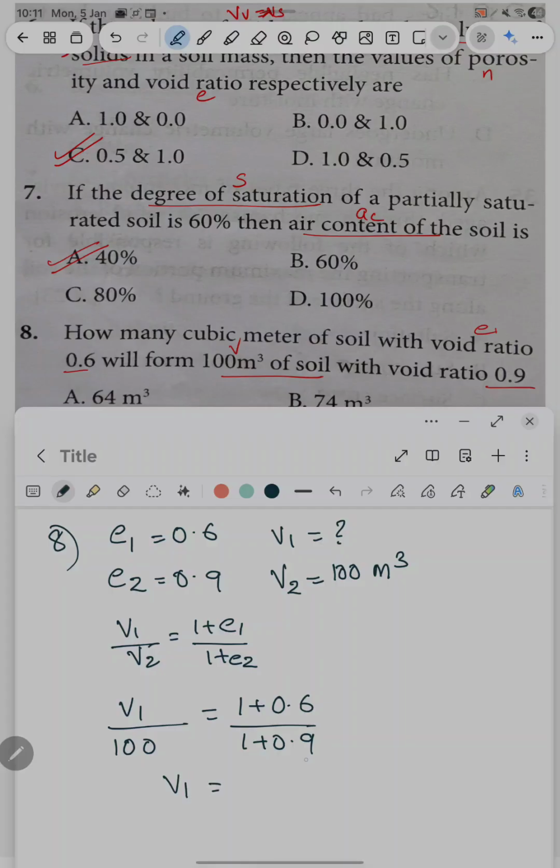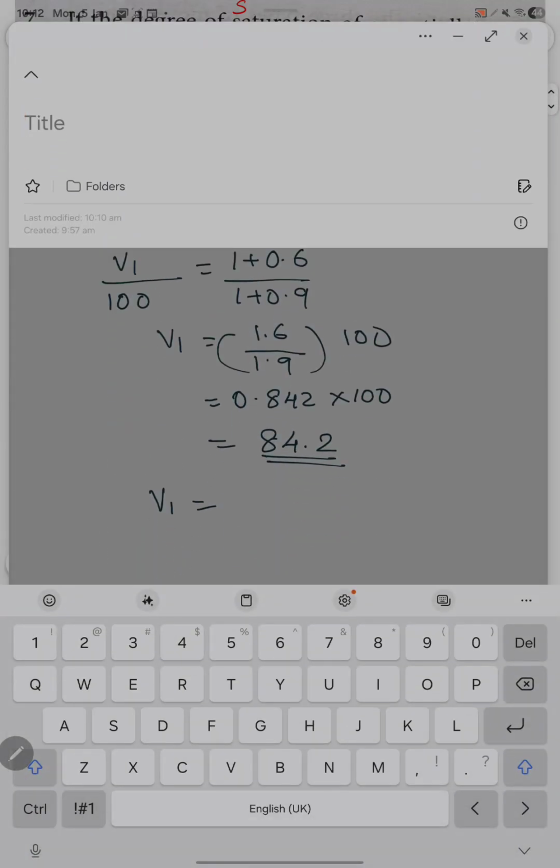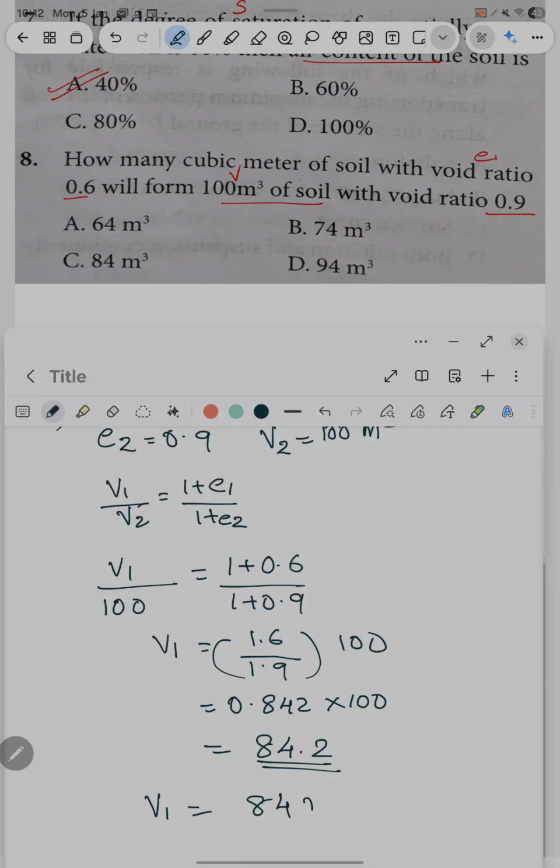So V1 is equal to 1.6 by 1.9 into 100. On solving we get 0.842 into 100, that is 84.2. From the options, the most accurate answer is 84 meter cube. So the answer is option C.